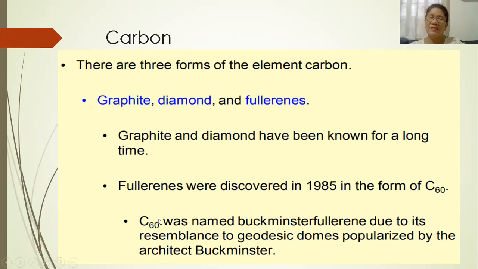C60 was named after Buckminster Fuller. He named it because it resembles the dome. The dome was popularized by an architect, Buckminster. I hope you know about this because you are engineering students.